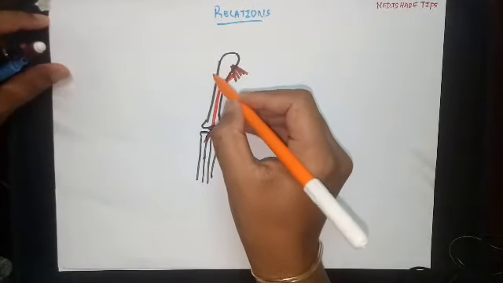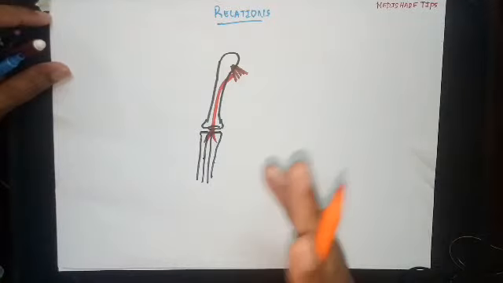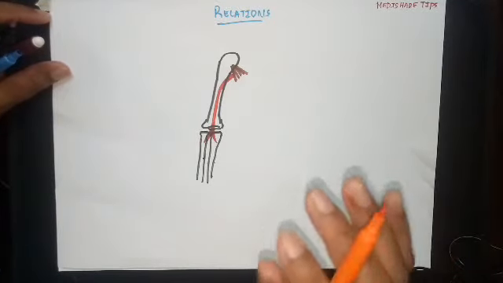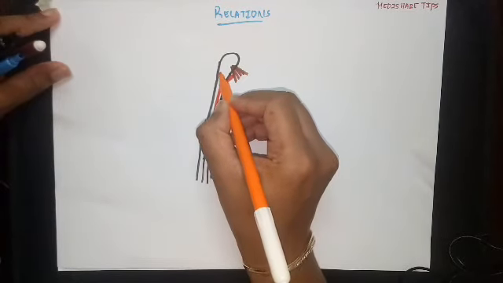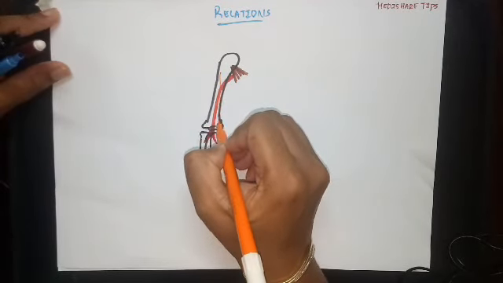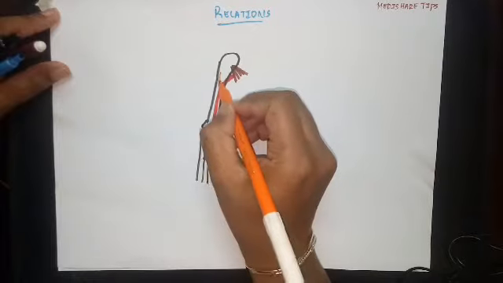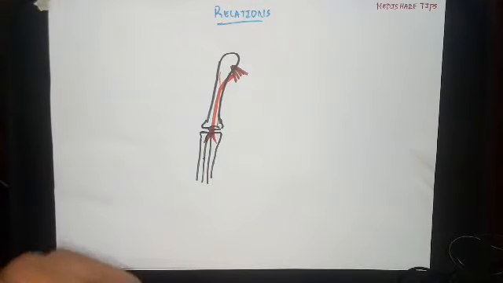There is a nerve which crosses the brachial artery in the middle of the arm. This is the median nerve. The median nerve crosses the artery in the middle of the arm.